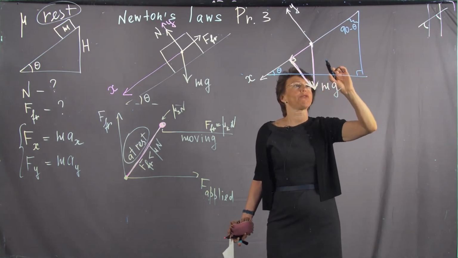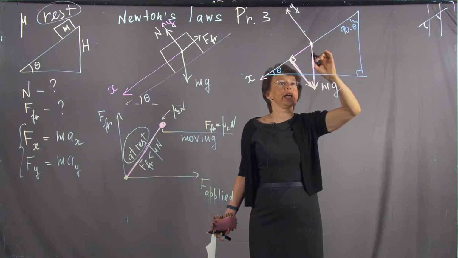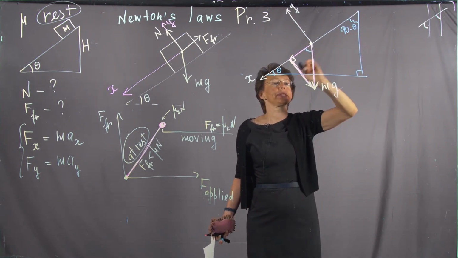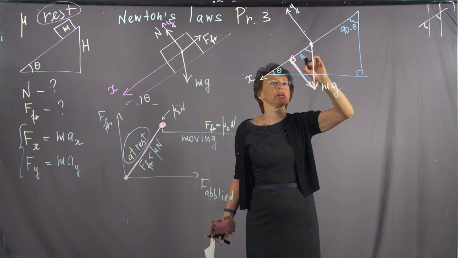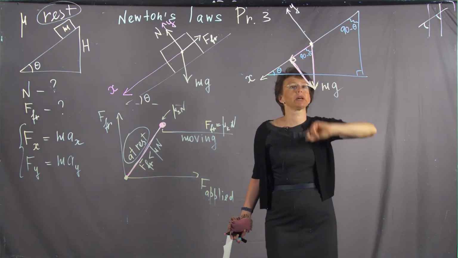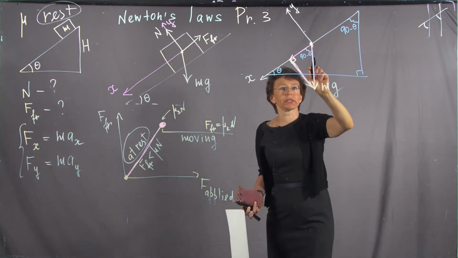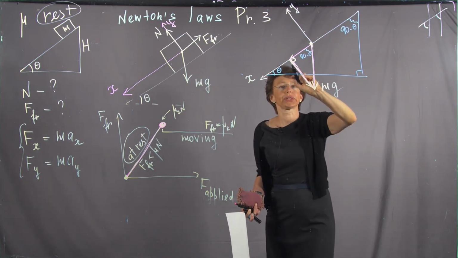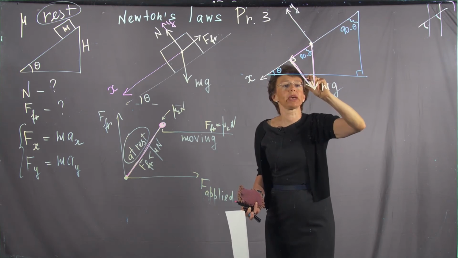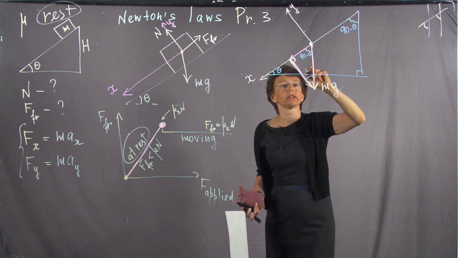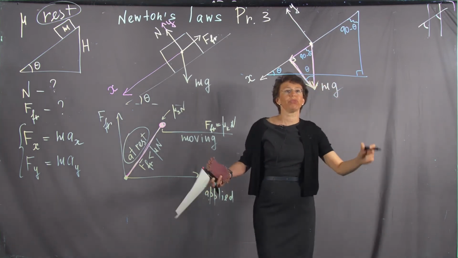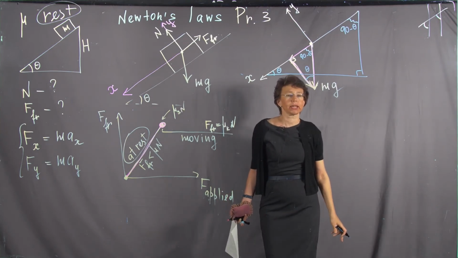So if this angle is 90 minus theta, then this angle is also 90 minus theta. Two lines crossed by another one. This is 90 minus theta. This is 90 degrees, which makes this angle equal to theta. So we figure it out which angle is theta.